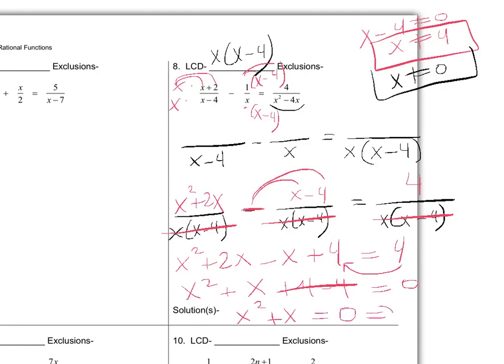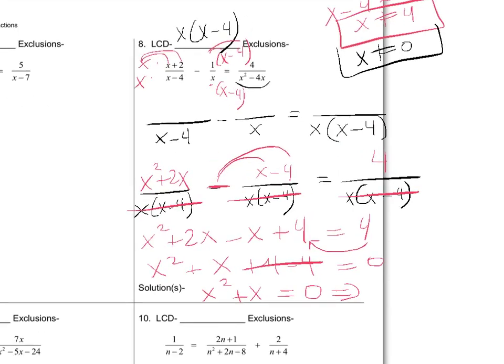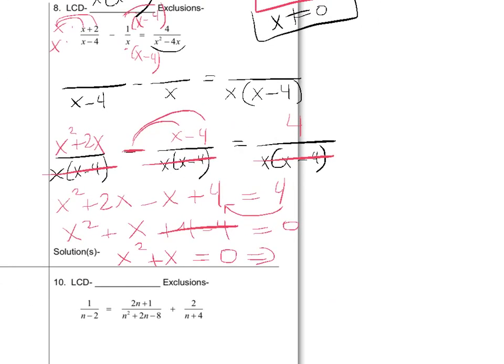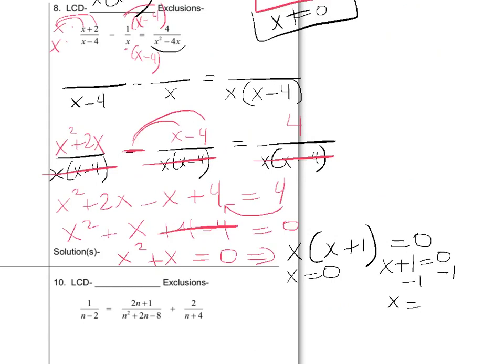What you can do is factor this to help you solve it. So if you factor x out, you're going to be left with x plus 1. Now when you get something like that, you set x equals 0 and x plus 1 equals 0. So here if you move the negative 1 to the other side, x would be equal to negative 1. So these are the two answers.